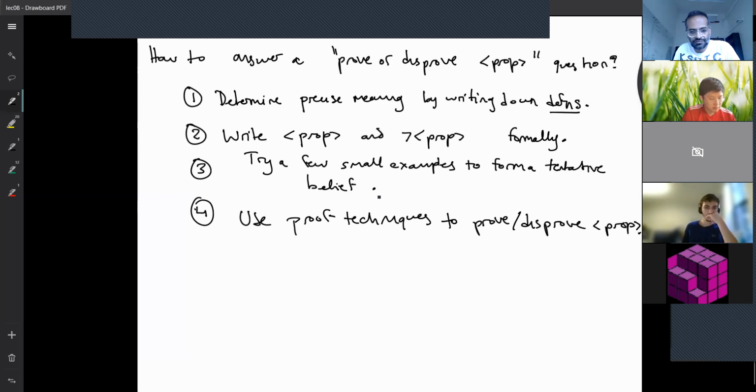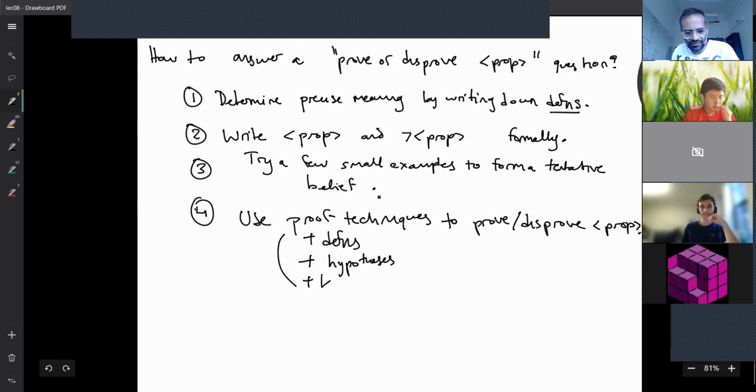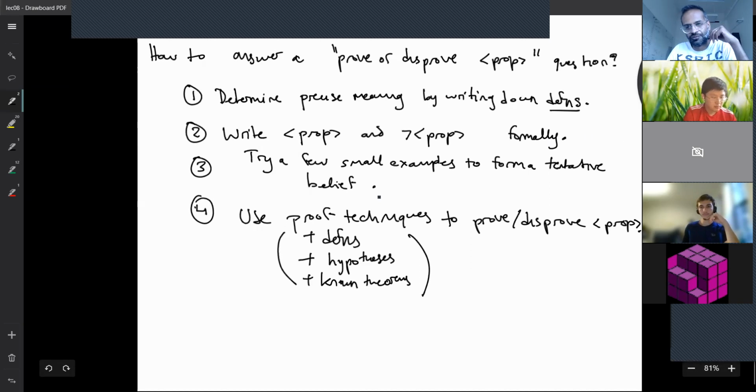The proof techniques give the structure of the proof, but keep in mind the definitions, the hypotheses, plus whatever known theorems, to prove or disprove the proposition. In general, a good rule of thumb is to choose the proof techniques that put the most things on the table. They give you the most to work with. So choose techniques that put a lot on the table.